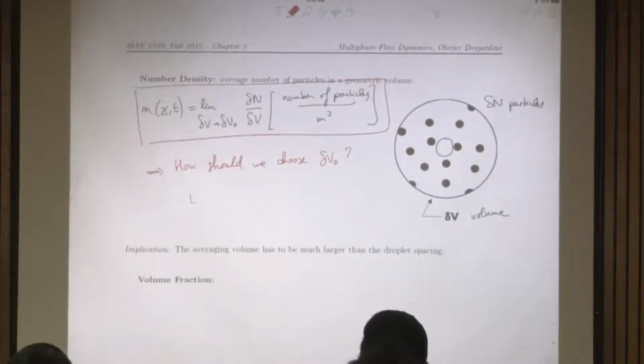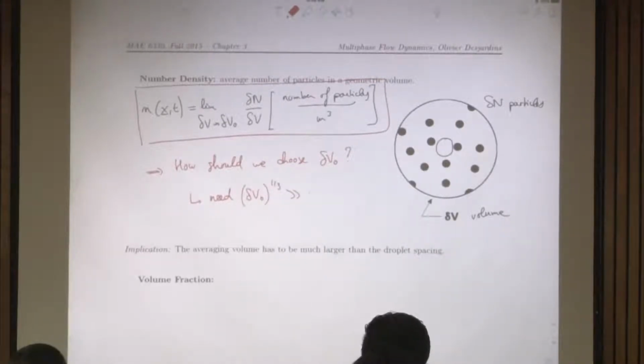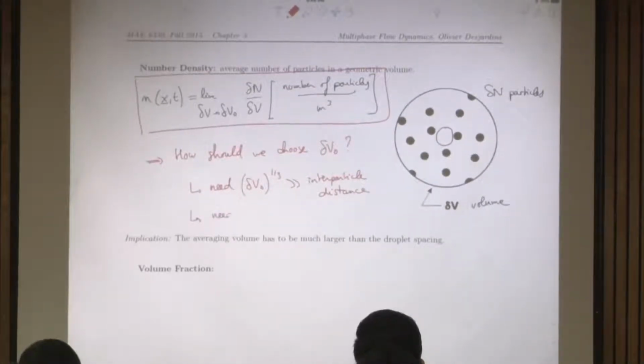And so we need delta V naught to the power 1/3 to still be larger than the interparticle distance, and we need delta V naught to the 1/3 power to be ideally much less than the system size.